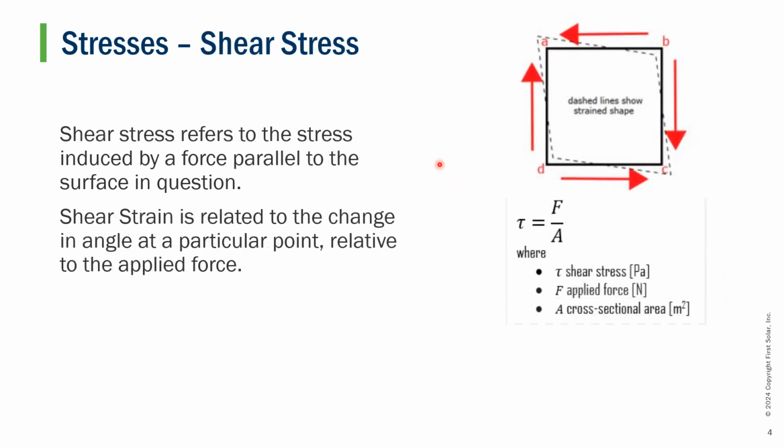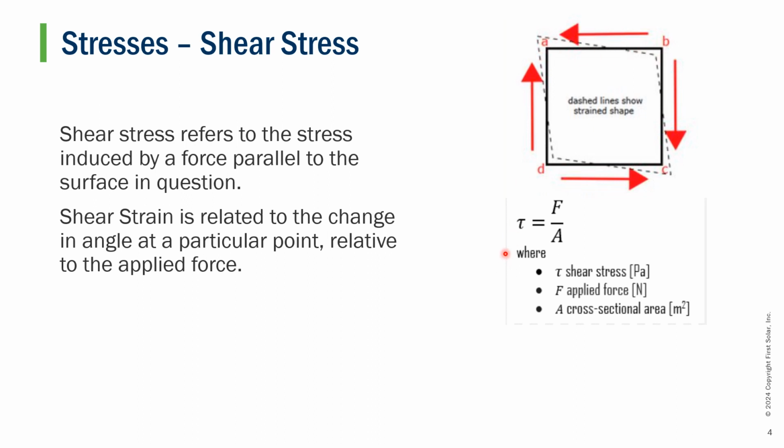Moving on to the other kind of stress you may run into, shear stress. Shear stress essentially refers to the stress induced by a force parallel to the surface in question. If you take this square, for example, a shear stress is going to run parallel to the respective side.